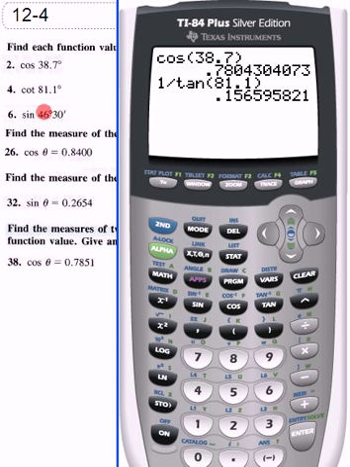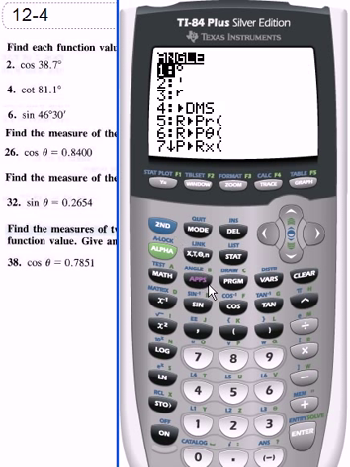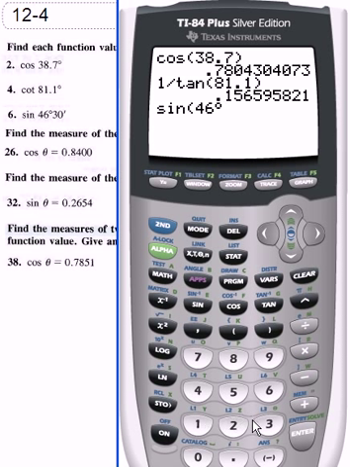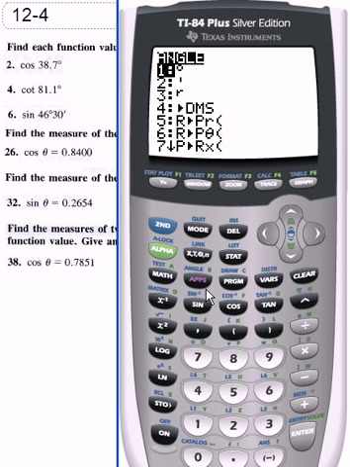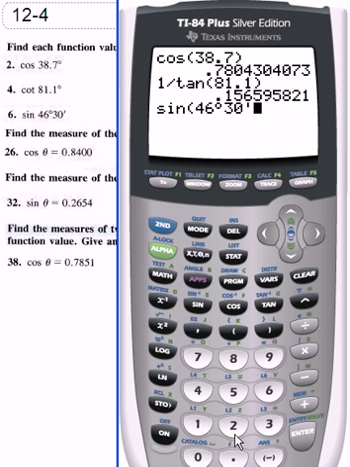This problem here is given in degrees and minutes. So we can type in the sine of 46, and here's angle, so second angle, 46 degrees in 30 minutes, 30 second angle minutes.